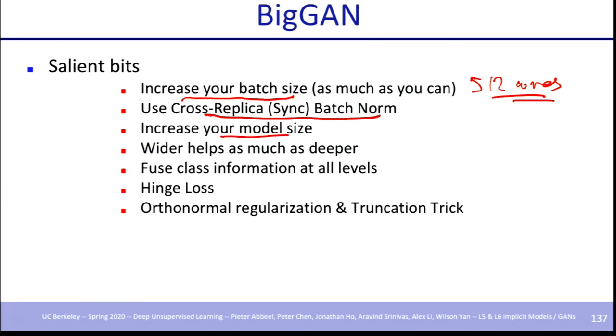And you increase your model size, you make it wider, you make it deeper. You fuse class information at various levels using conditional batch norm and a projection discriminator, use a hinge loss, and use something called orthogonal regularization and the truncation trick, and you can get amazing samples.